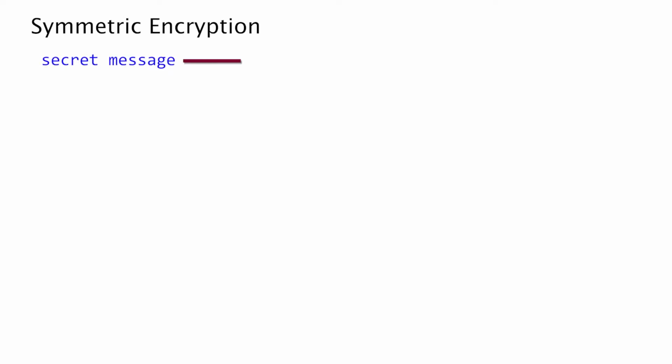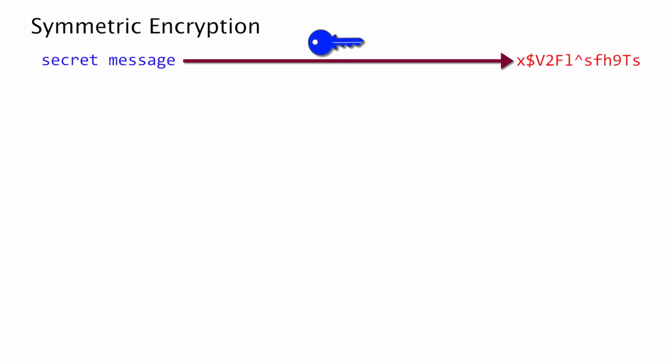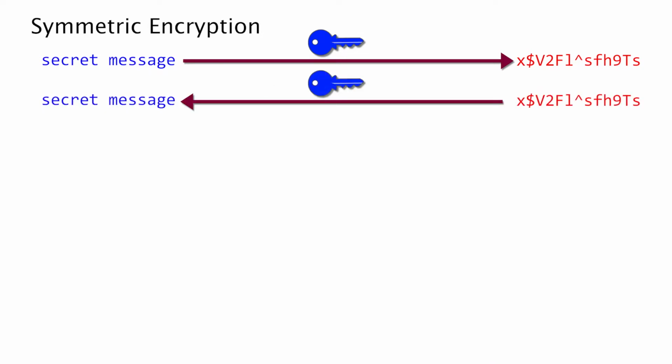Now, when we're dealing with encryption in general, there are three basic forms of encryption. We have what is known as symmetric encryption, where the key that we use to encrypt the data is exactly the same as the key that we use to decrypt the data. That form of encryption is useful when we're storing data locally, so on a hard drive, in a file, or in a database.